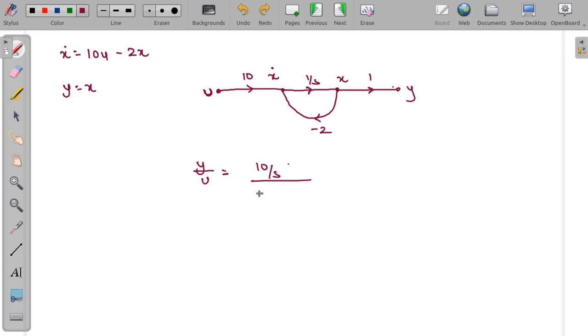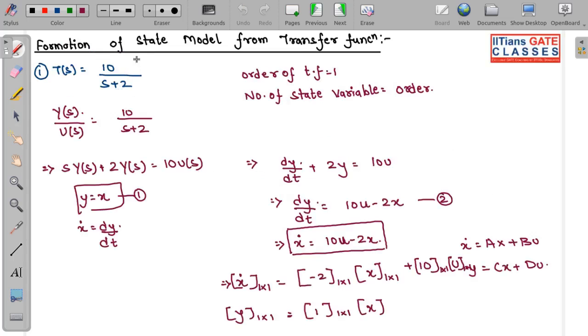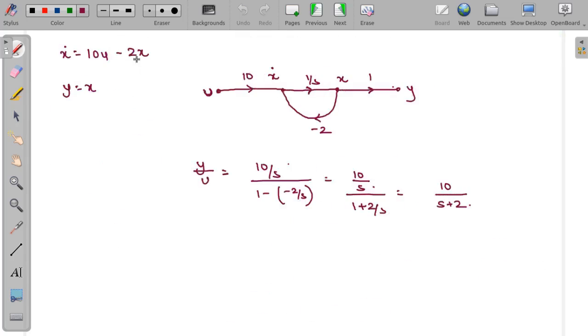So 1 minus loop gain, there is only one loop, that is minus 2 by s. So this will be 10 by s divided by 1 plus 2 by s, so if you take LCM, this will be 10 by s plus 2. So this is the transfer function that we had taken initially.